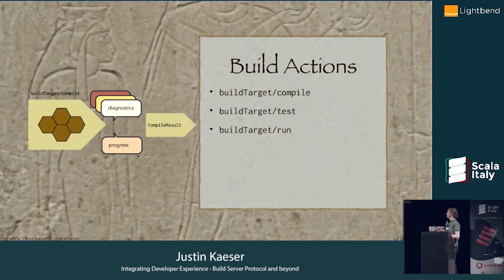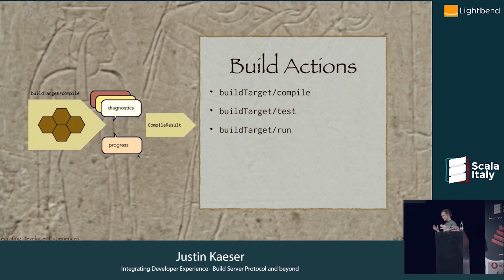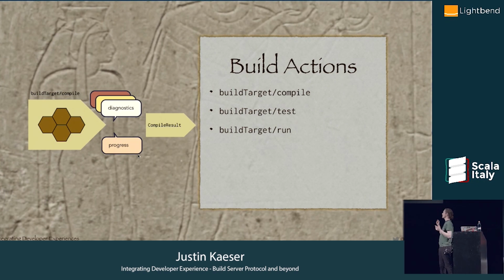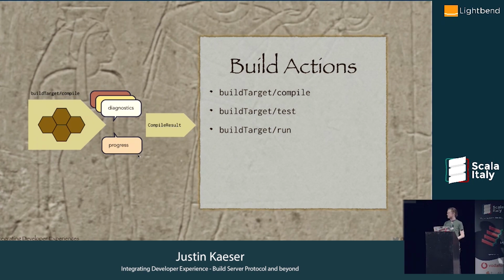Next part is build actions. I mentioned compiling, testing, running. We've defined standard requests just for compile, test, run, and they do exactly what you'd expect them to do. You compile a set of targets.